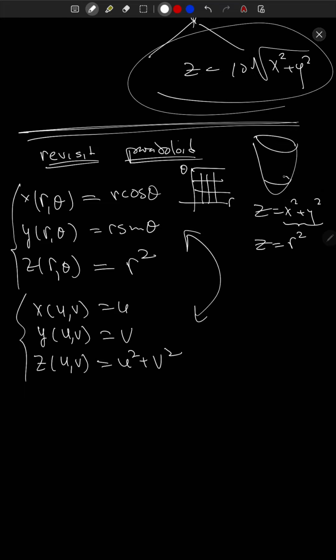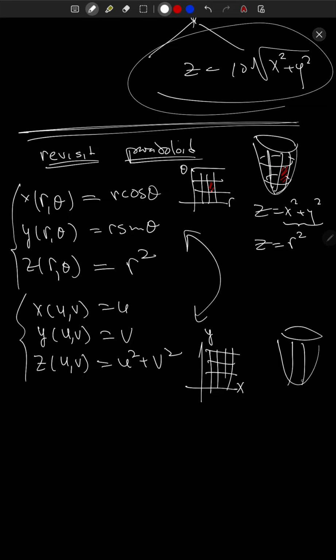It would transport like that, so this grid becomes that grid. This little rectangle would become that curved rectangular-like object there. Whereas with the x, y parameterization, if I did a grid on the paraboloid, it would look something like that.